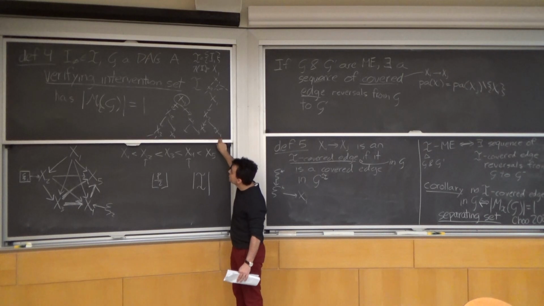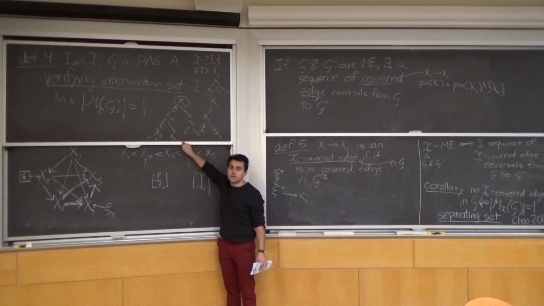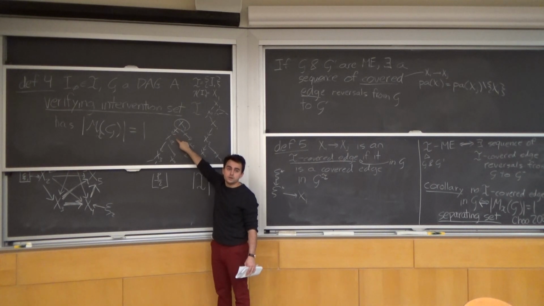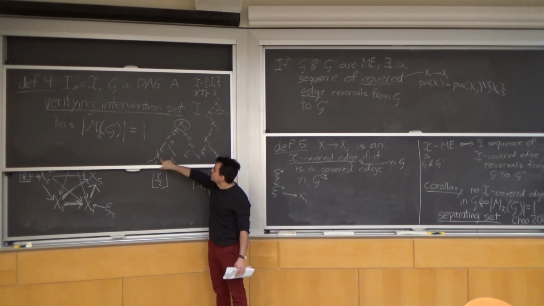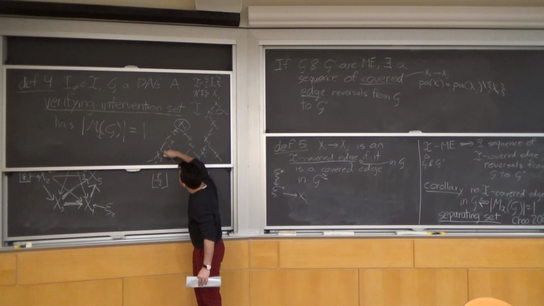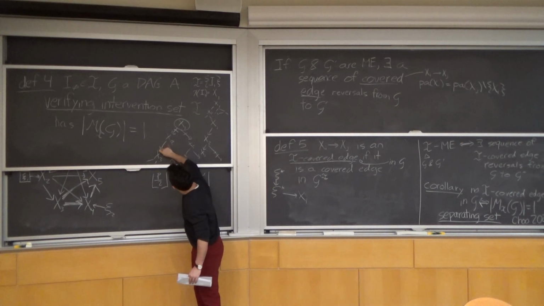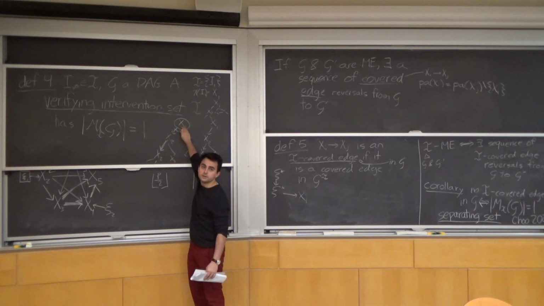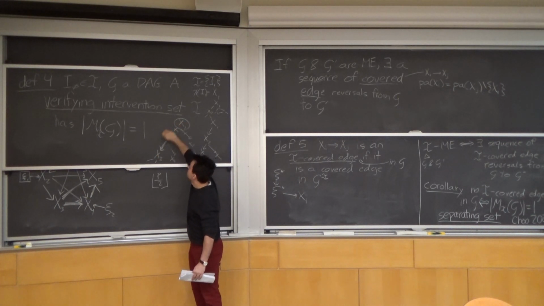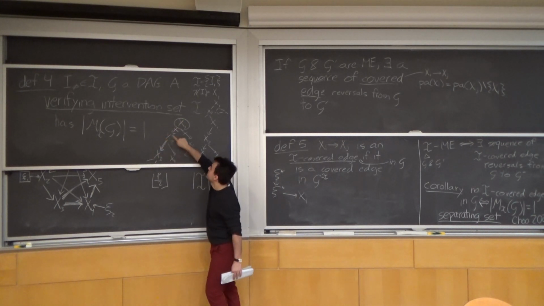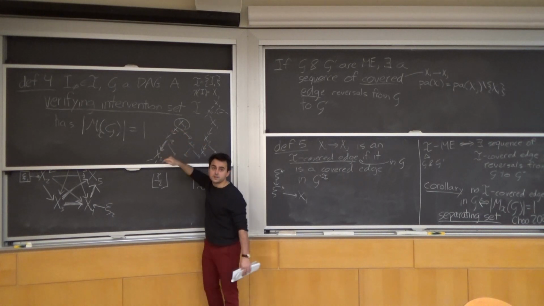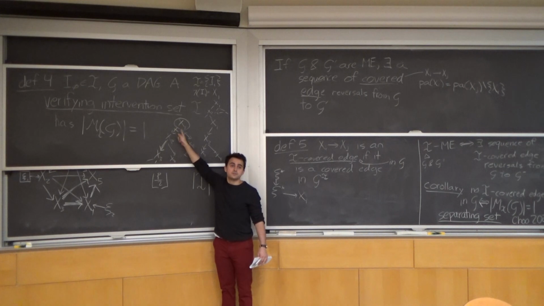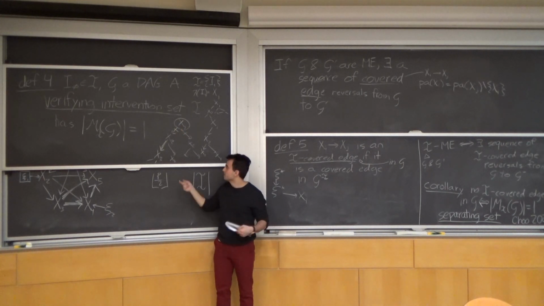So in the tree graph, the only covered edges are those that come out of the root node, right? Every other edge is not a covered edge because we have only a single parent, and that parent has its own parent. So just by the fact that it's a tree, the only covered edges are the ones out of the root node, and then just intervening on the root node suffices to separate all of those covered edges.